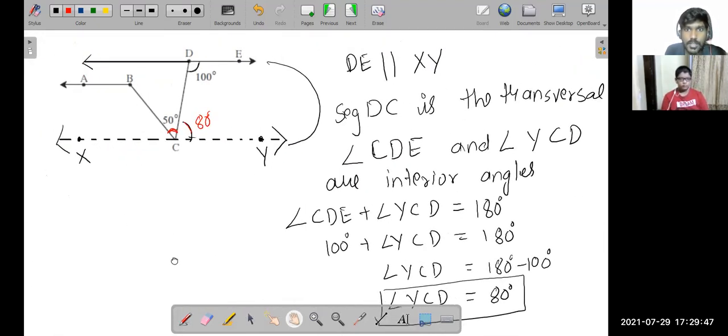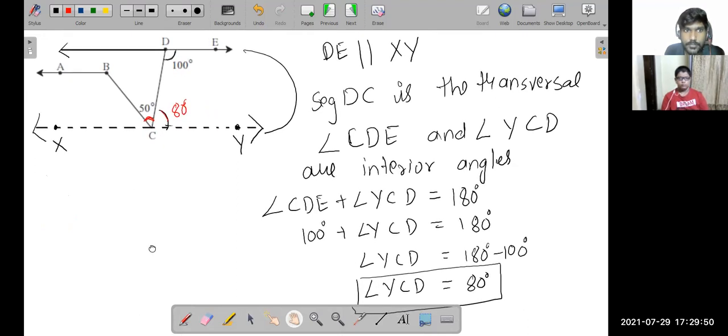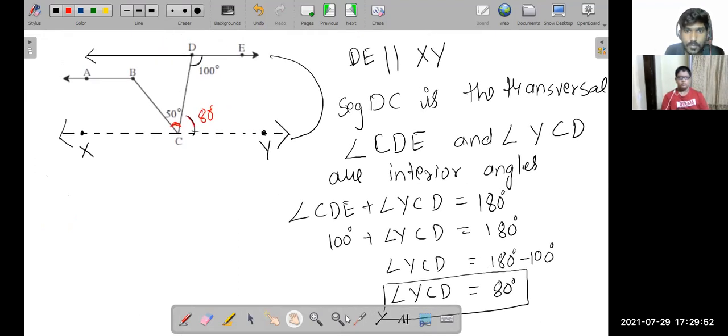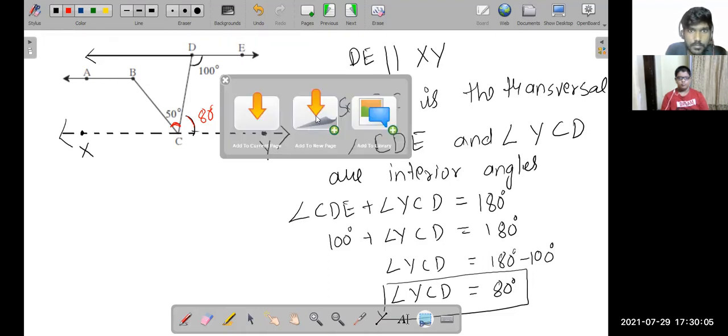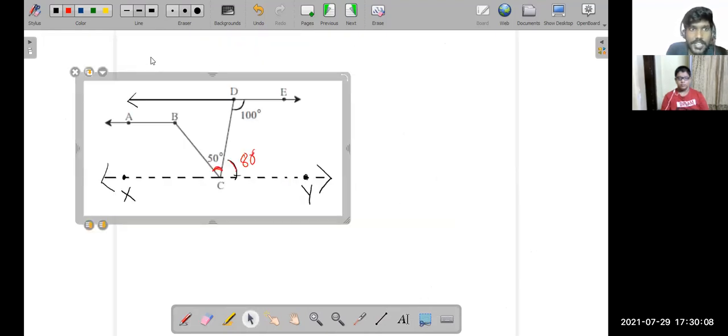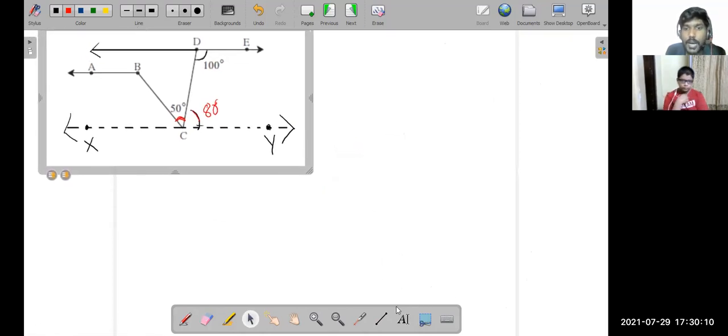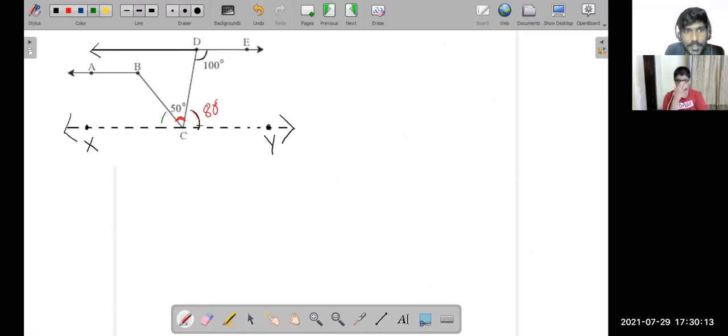Coming back to this, now we found out YCD is 80 degrees. Now I will find out angle BCX.